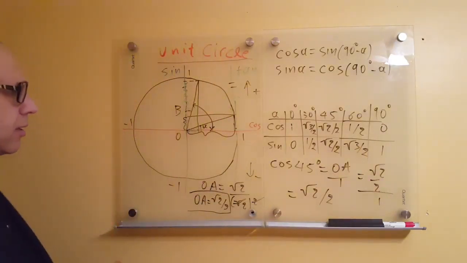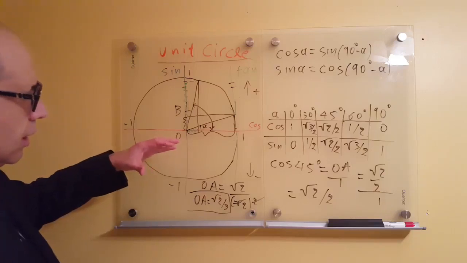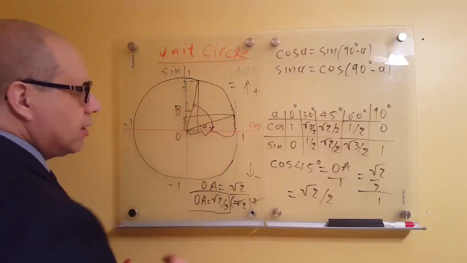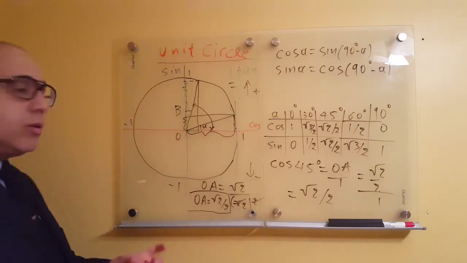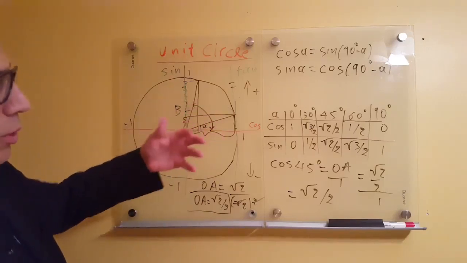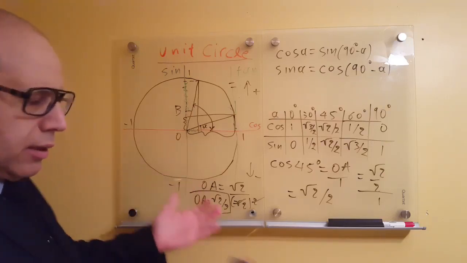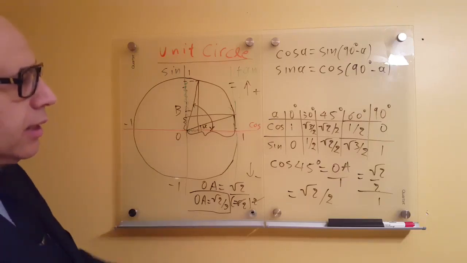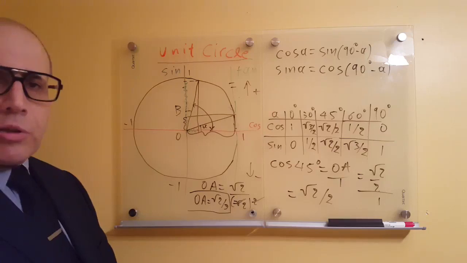That's the most important thing of the unit circle: if you are able to see these things on the unit circle, you don't have to remember anything. You can find relations between angles, and you don't have to remember formulas for the relationship between angles whose sum is 90 degrees, or 180, or any other combination.